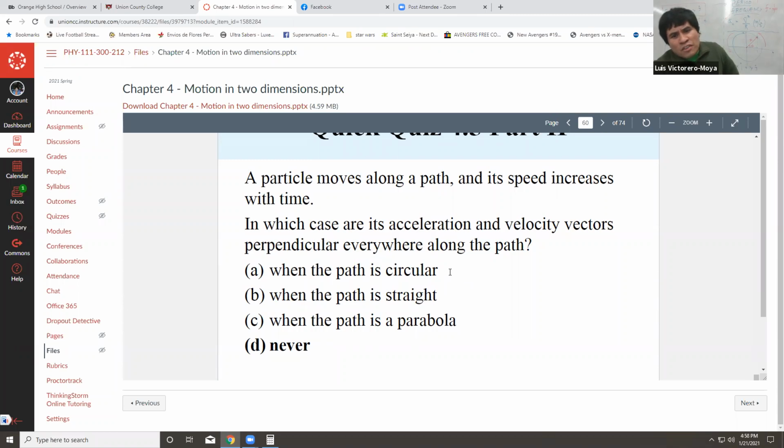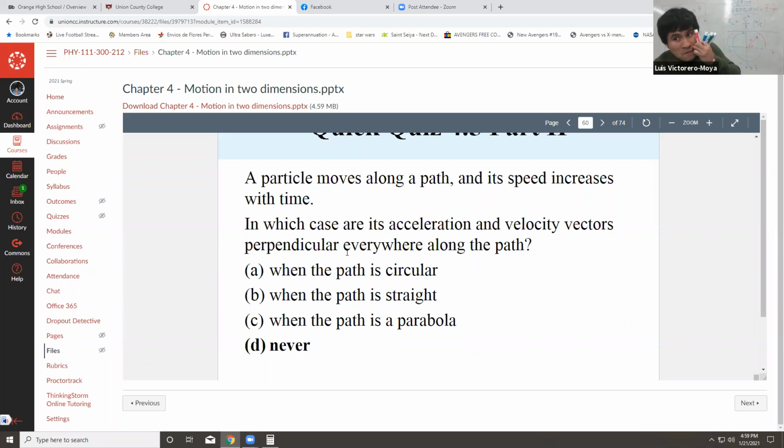A particle moves along a path and its speed increases with time. In which case are the acceleration and velocity vectors perpendicular everywhere along the path? They are never. Only if the speed is constant and it changes direction, that is when the acceleration and the velocity could be perpendicular.